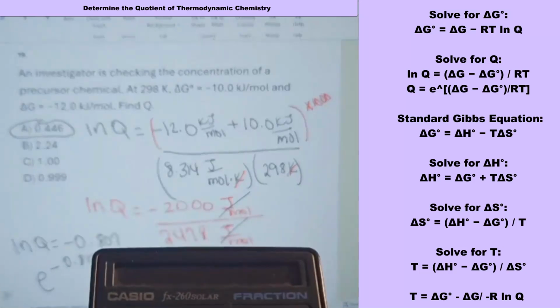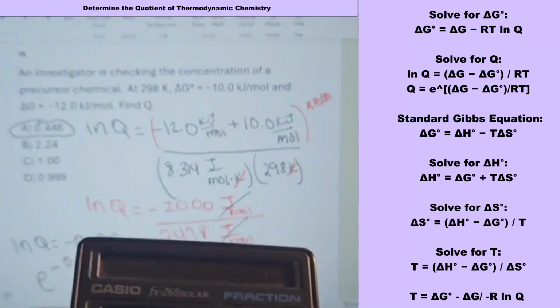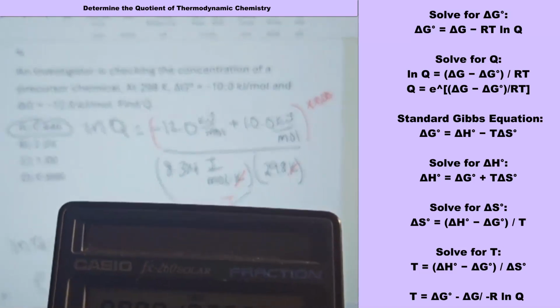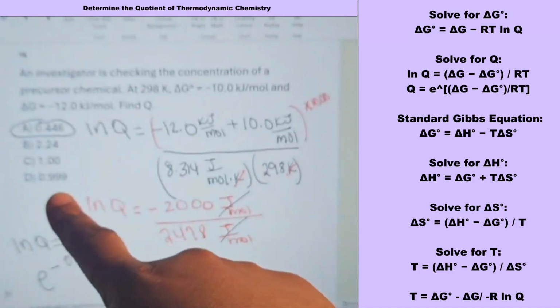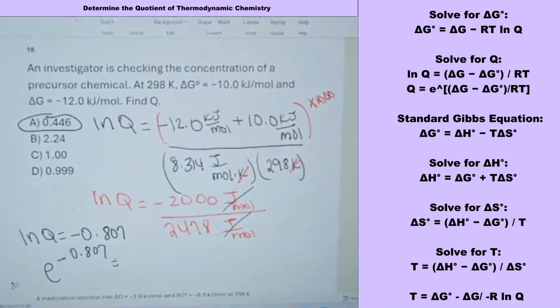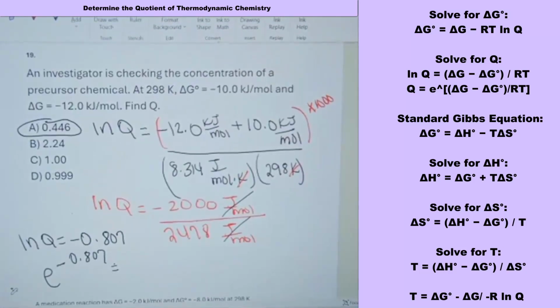Now you take the antilog of that, shift, and you see that 0.999? There's that answer right there. If you did not convert, that's why you end up getting the wrong answers. So this is why we have to convert, in order to make sure that we're on the right track. All right.